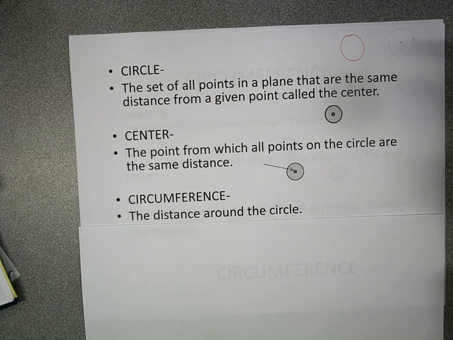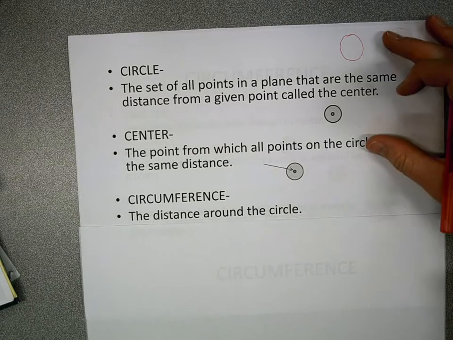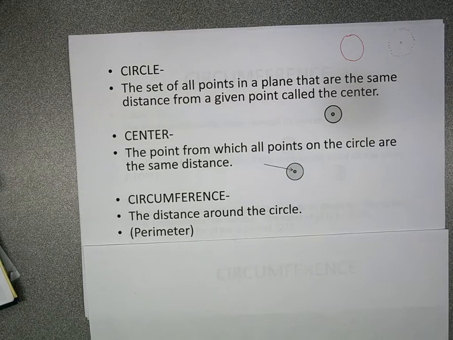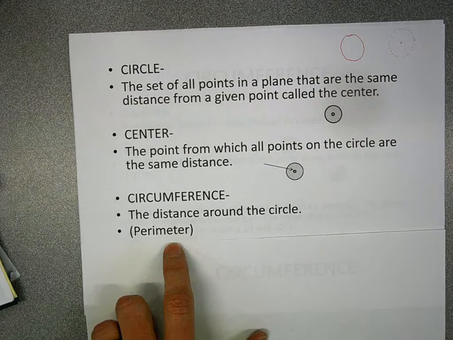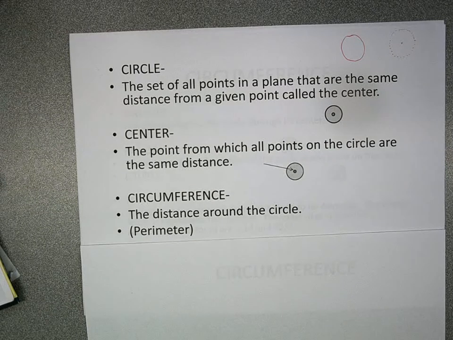Now, a synonym to this would be something like perimeter. It's not the exact same meaning, but it is very similar, and that's why it's a synonym. Usually on a polygon, figures that have straight sides, the length around the outside would be called the perimeter. But a circle has a curved side, so it's just referred to as a circumference.